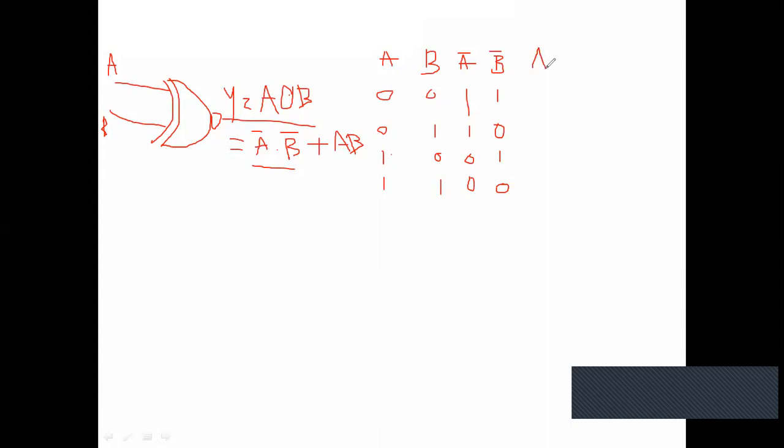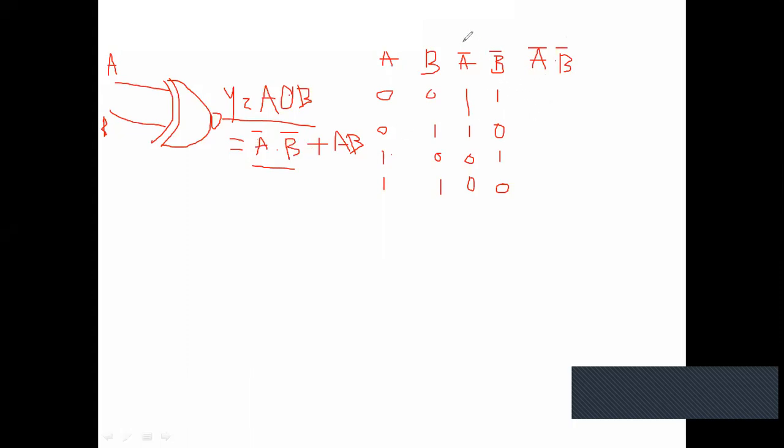So how to get this A bar dot B bar? Like multiplication. This is how to draw the truth table for the expression. This is called the truth table.